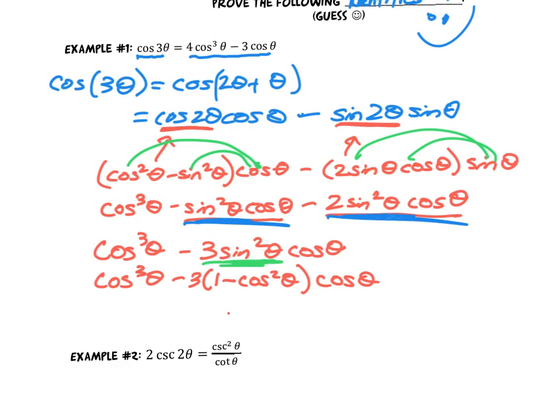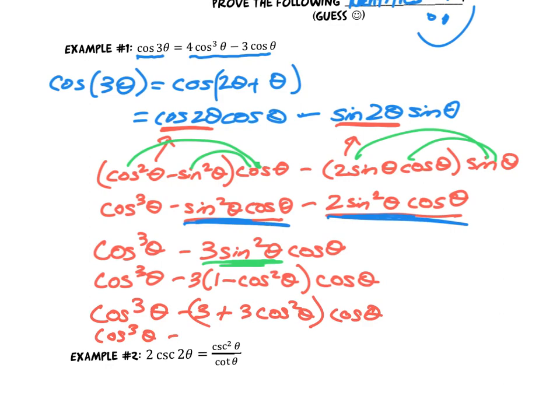Now distribute the 3. Cosine cubed theta minus 3 plus 3 cosine squared theta times cosine theta. And then distribute the cosine theta. Cosine cubed theta minus 3 cosine theta plus 3 cosine cubed theta.